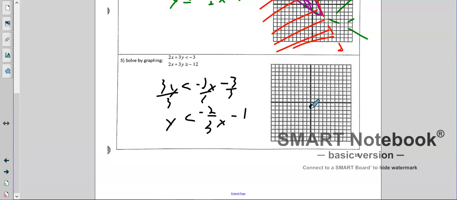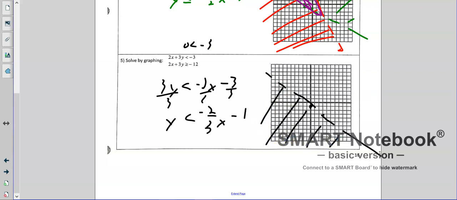I'm going to go down 2, right 3, up 2, left 3. And I'm going to really roughly sketch this. Again, it should be dotted. All right. I can test 0, 0 because it goes below it slightly. So 0 is less than negative 3. That is a false statement. 0 is not less than negative 3. 0 is greater than every negative number. So I'm going to shade below this line.